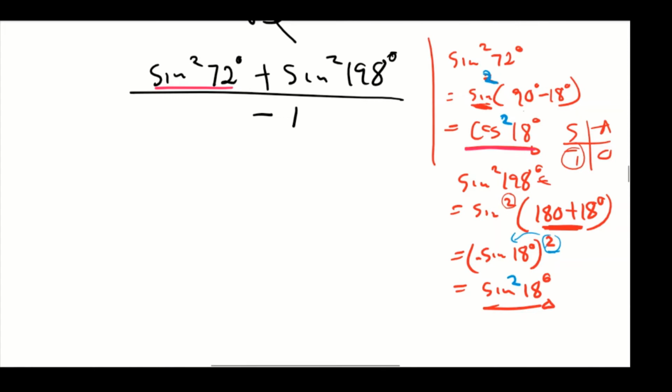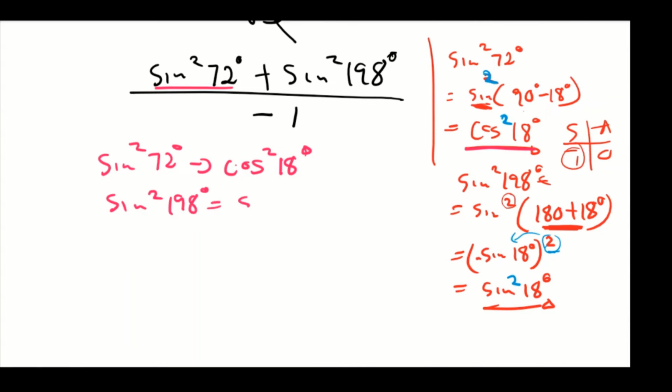So meaning now that instead of writing sine of square root of 72 degrees, you're going to write cos of square root of 18 degrees, and instead of writing sine of square root of 198 degrees, you're going to write sine of square root of 18 degrees.